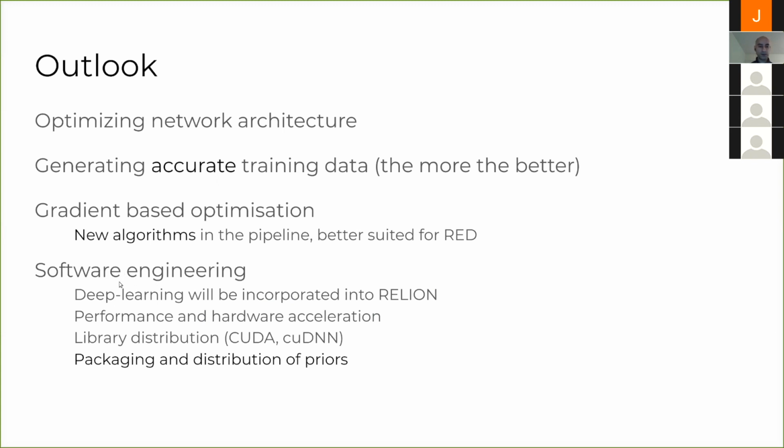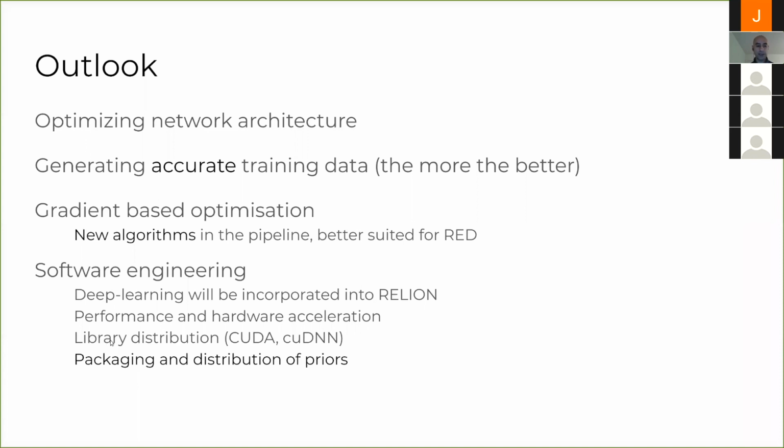But there's also a lot of software engineering that needs to go into this. Deep learning packages need to be put into the Relion package and distributed to users in a convenient way. Also performance and hardware issues, like for instance, now suddenly you need to load a deep learning model into your GPU memory, and that needs to be handled alongside the memory that Relion uses up.